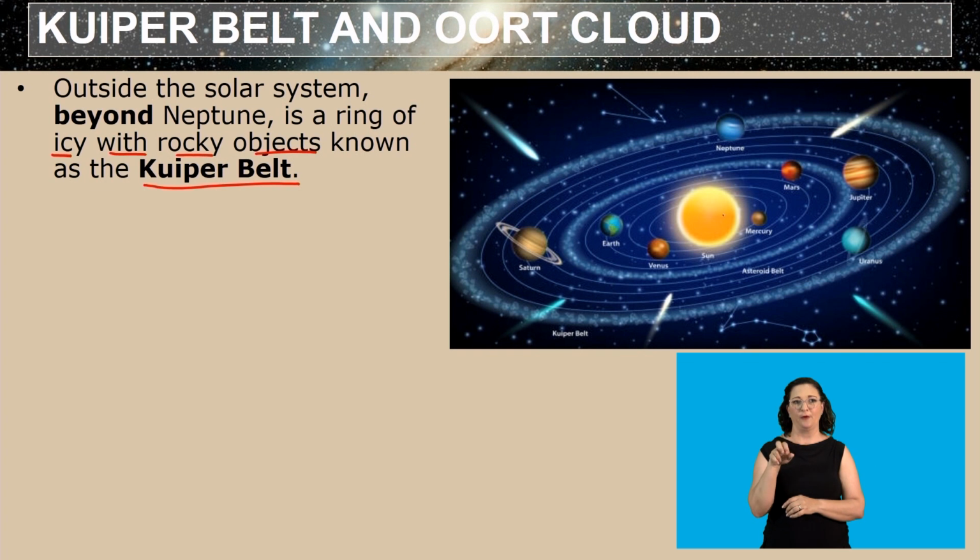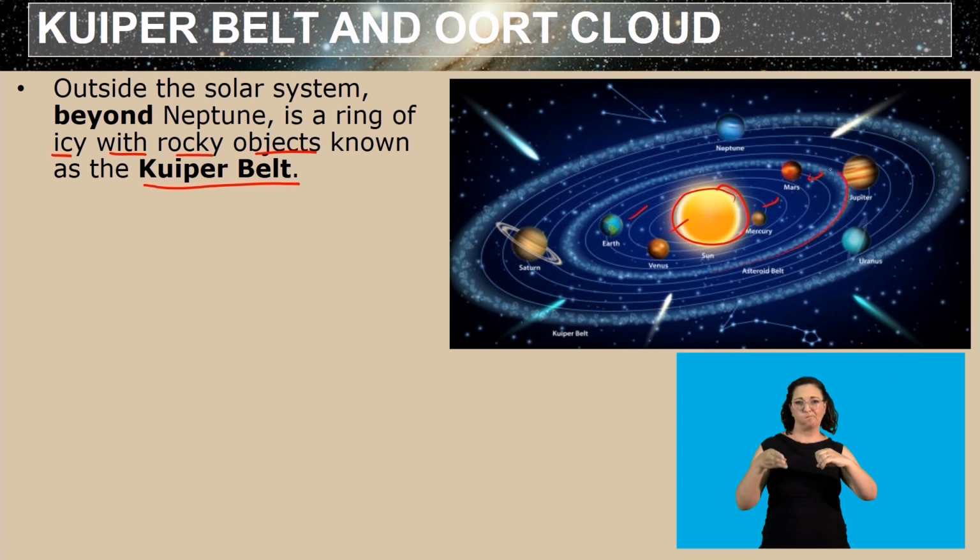If you look at the sun, there is my sun, and then I have my inner rocky planets, such as Mercury, Venus, Earth, as well as Mars. Right after Mars, we have that layer.